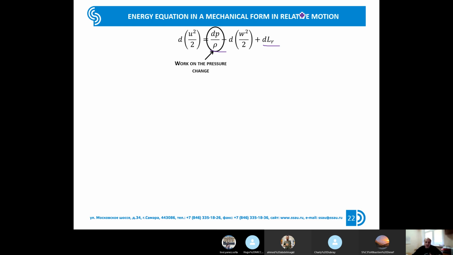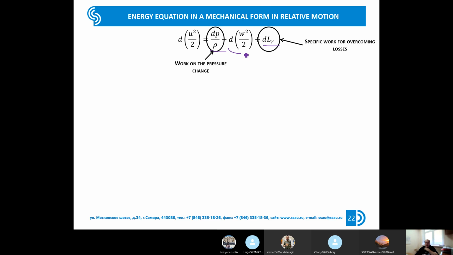Let's remember this term. It's the work on the pressure change in the turbomachinery. It's the energy, the mechanical work which we spend to increase or decrease pressure in the turbomachinery. The last term we already have in the Bernoulli equation. This is specific work for overcoming losses.